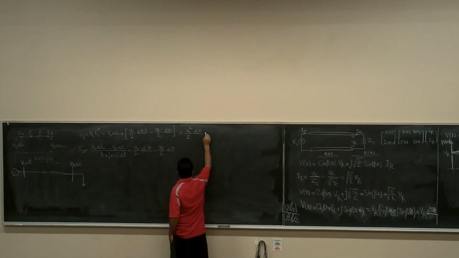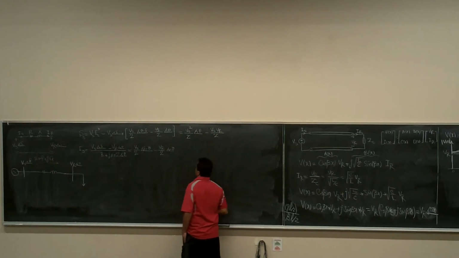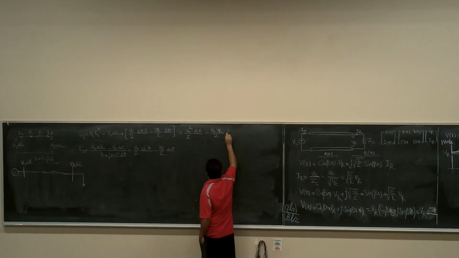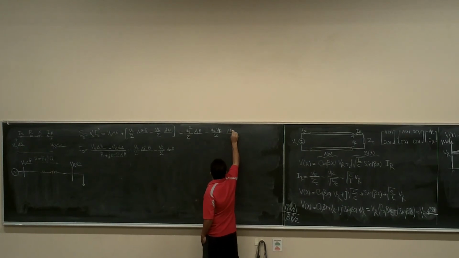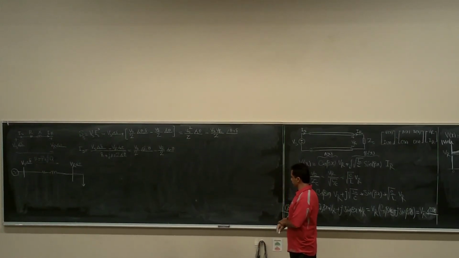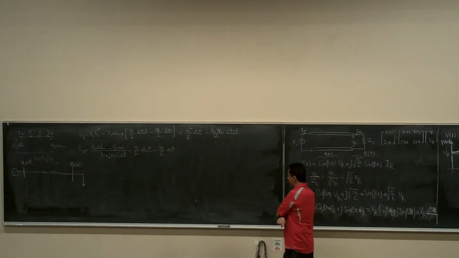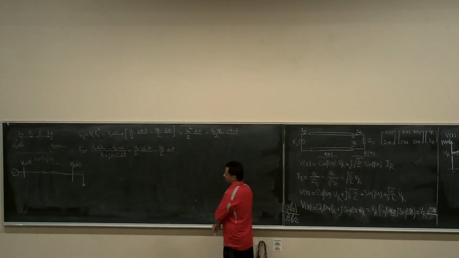So minus Vs VR over Z, right? With the angle of how much? Theta plus delta. Correct? Theta plus delta.